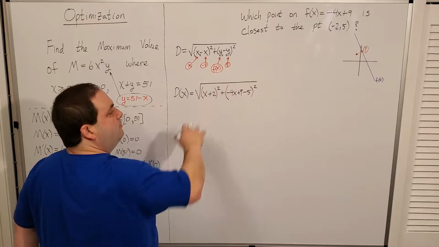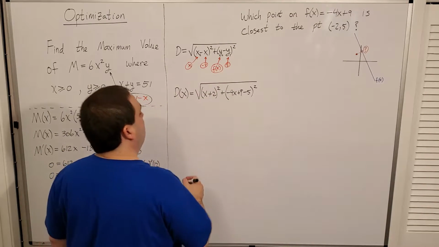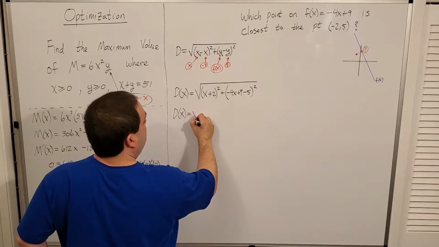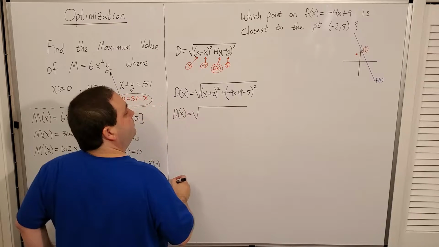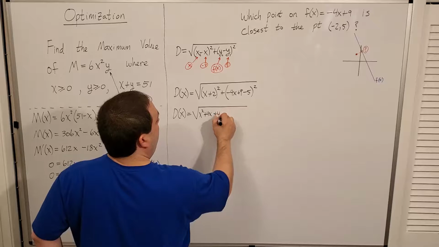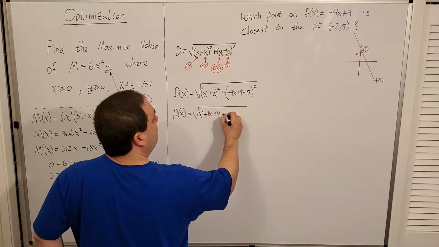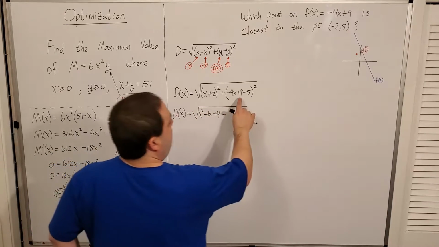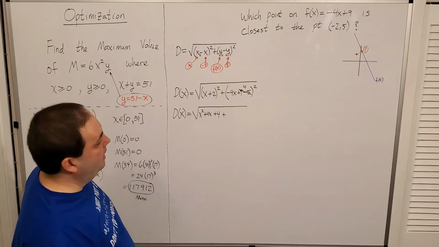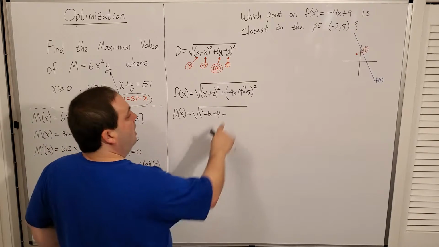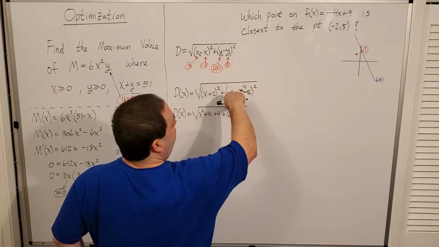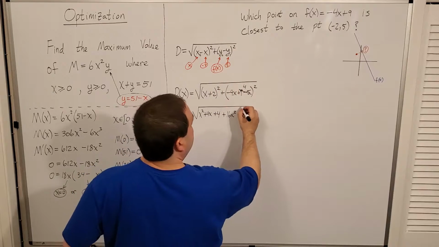So let's simplify this out a little bit, right? Let's make it look a little bit neater, because we are going to have to do some calculus on this thing. Square root of that's x squared plus 4x plus 4 if I multiply this out, plus here 9 minus 5 is 4, right? So that'll make it easy for me to FOIL that one out too. I'm going to get 16x squared, and then I'll get negative 4x times 4 twice.